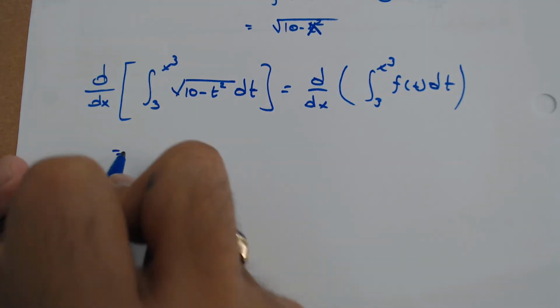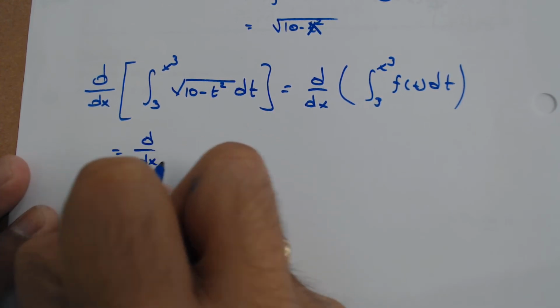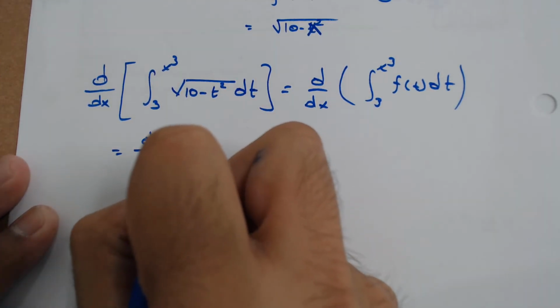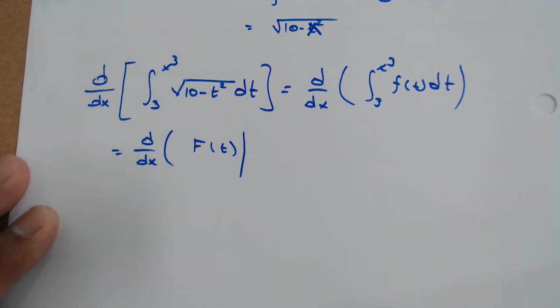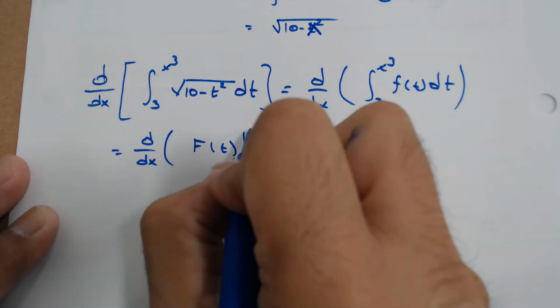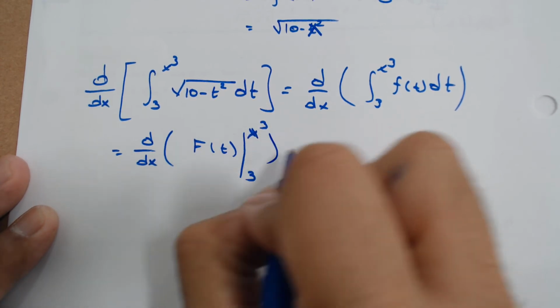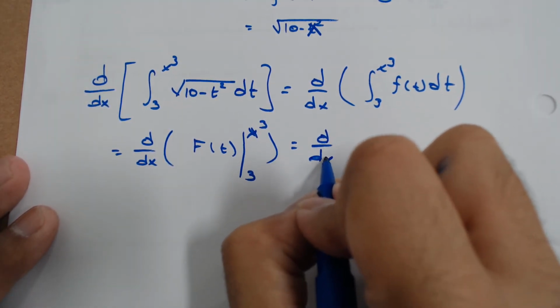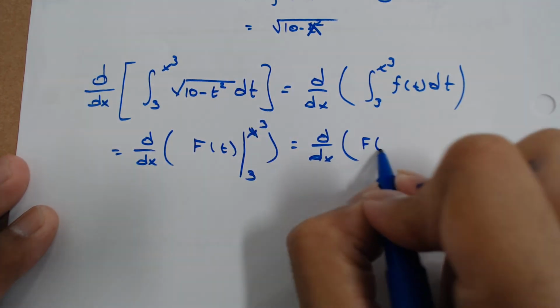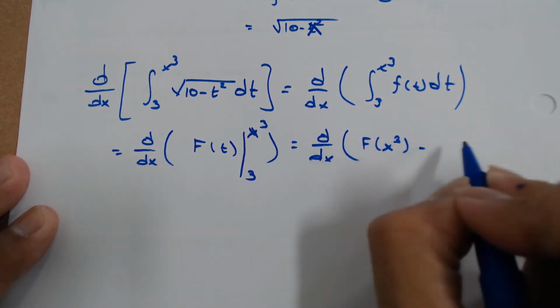And then from here, that's big F of t, but now this is evaluated from 3 to x cubed. And again, upper limit minus lower limit: F of x cubed minus F of 3.